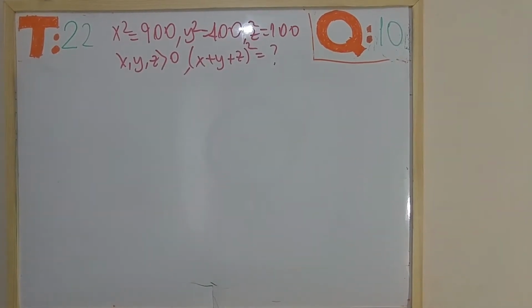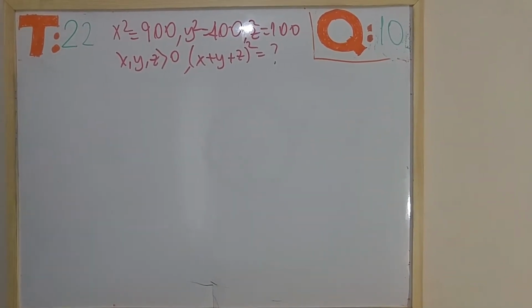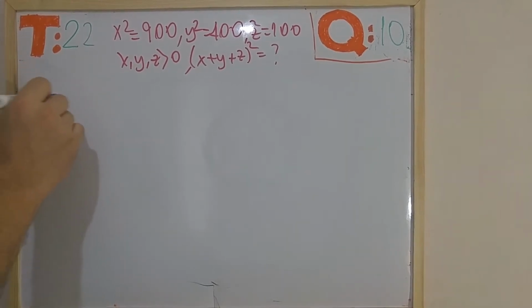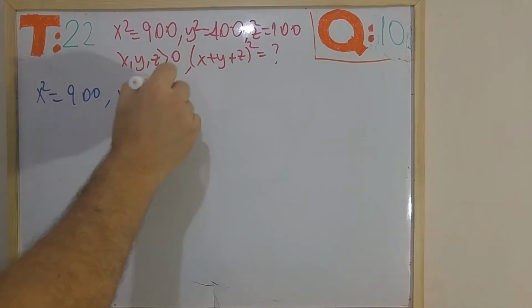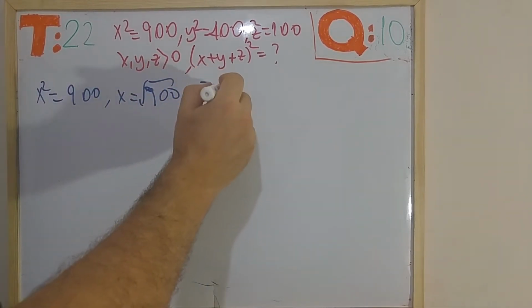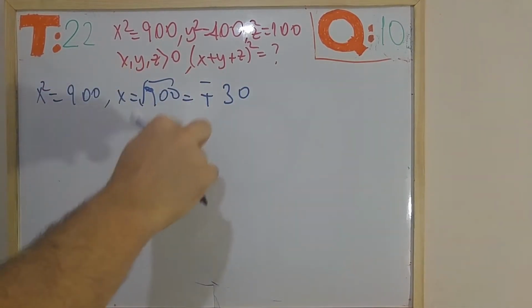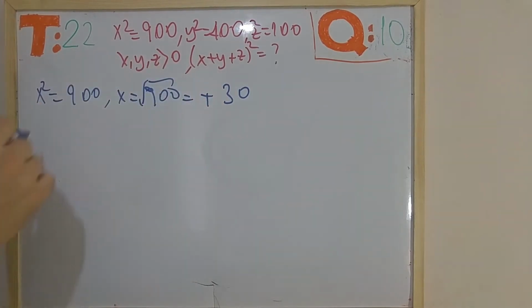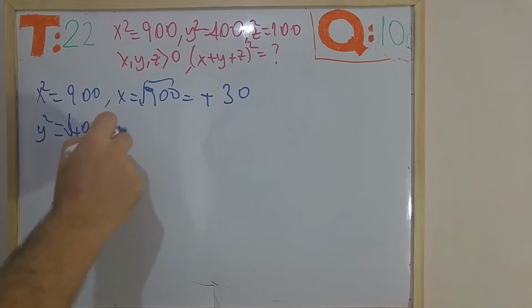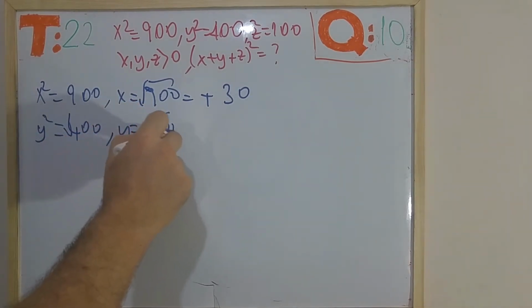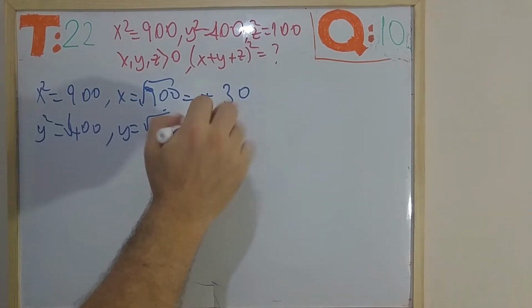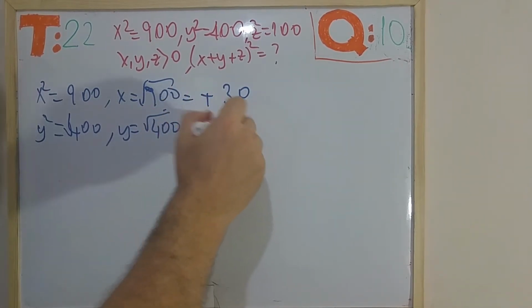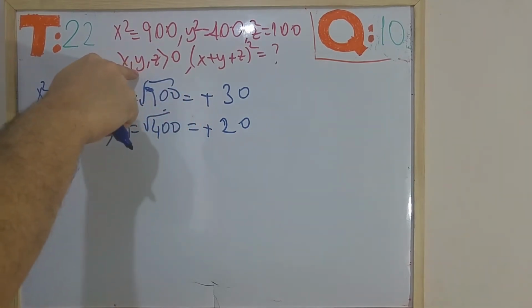Question that I have, let's calculate x, y, and z respectively. x squared is equal to 900, so x is equal to the square root of 900, which is equal to plus or minus 30. x is greater than 0 again, and x is 30. y squared is equal to 400. y is equal to the square root of 400, and this is equal to plus or minus again 20, but I don't care about the negative value.